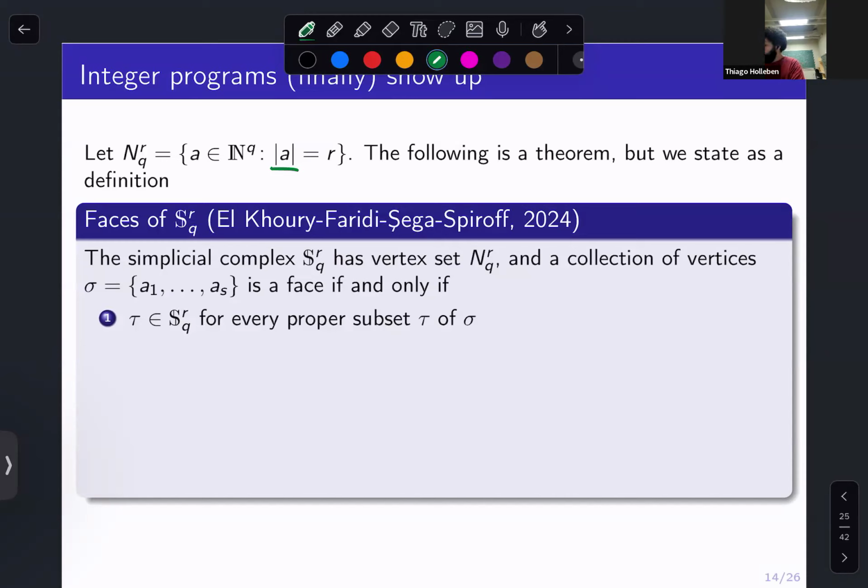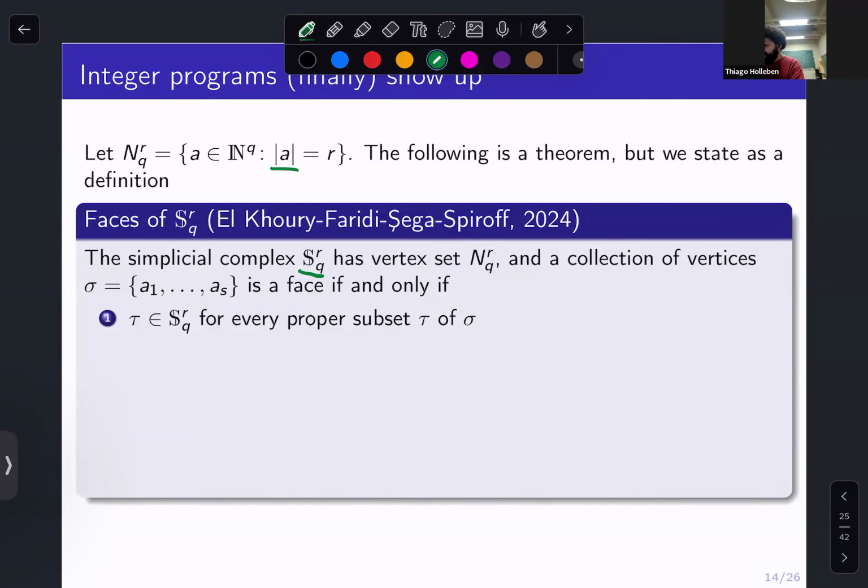What they showed is that there's a simplicial complex, which I'm going to denote by SRQ. Again, this is the way I'm saying it, it's more of a definition. But the definition of the simplicial complex is: the set of vertices, you can think of it as the compositions of R with Q parts that can be 0.